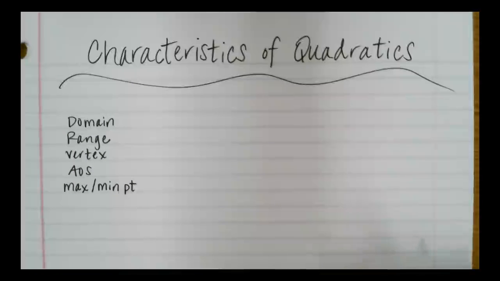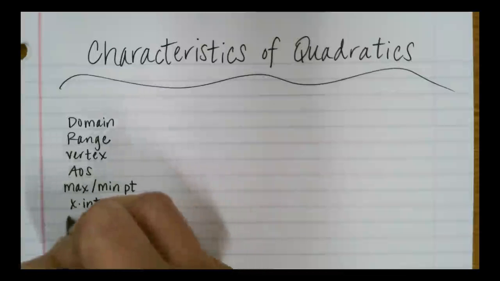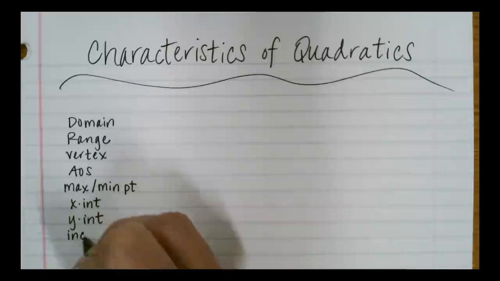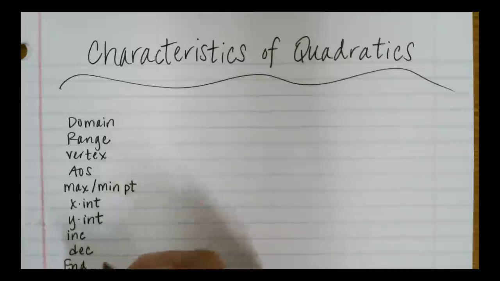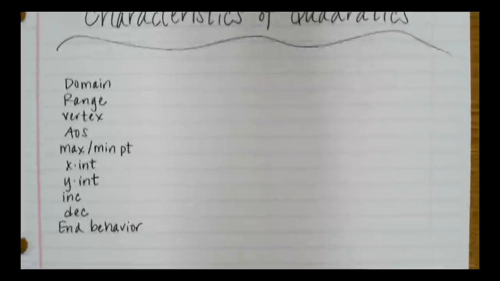We're going to look for x-intercepts, y-intercepts, increasing, decreasing, and end behavior. So we have a lot of characteristics, and again, we covered all of these in the foldable earlier in the year.